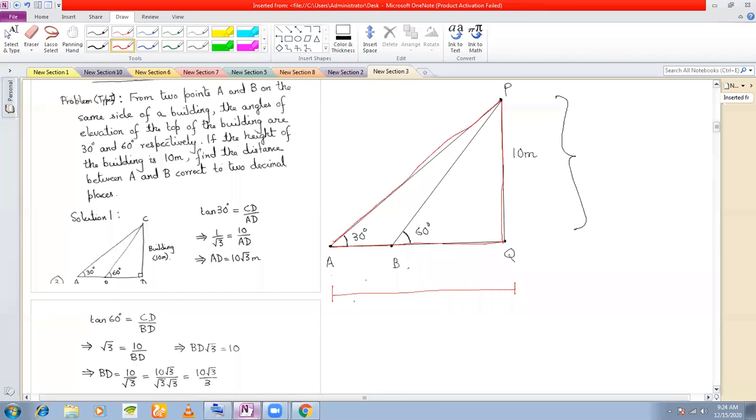And which trigonometric ratio should I use? I know the perpendicular. This is my theta. I must calculate the base. And tan relates perpendicular and base. So therefore I am going to use tan.